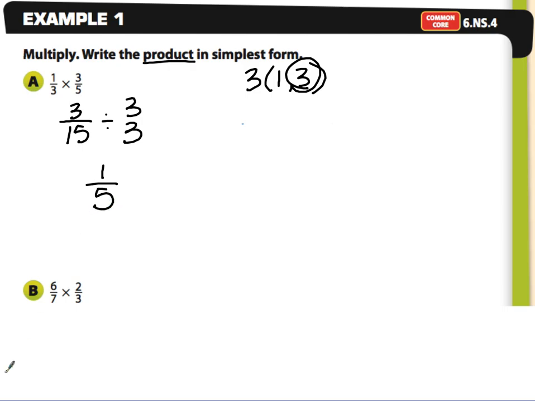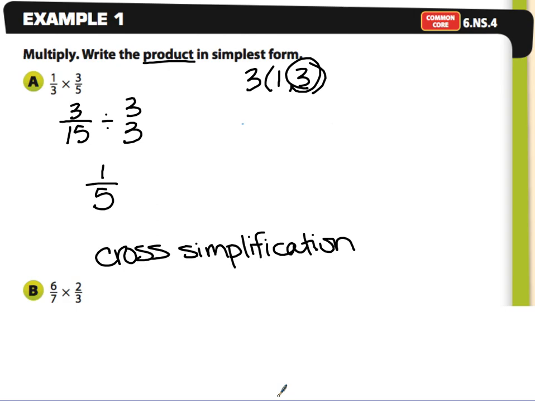The other way I can do it is I can use cross simplification. I really do want you practicing with this because it makes your life a lot easier. Trust me. It's a little confusing to start out with, but once you get the hang of it, it becomes super simple. Cross simplification means that we're looking at our diagonals. So I'm looking at 6 and 3, and I'm looking at 2 and 7.